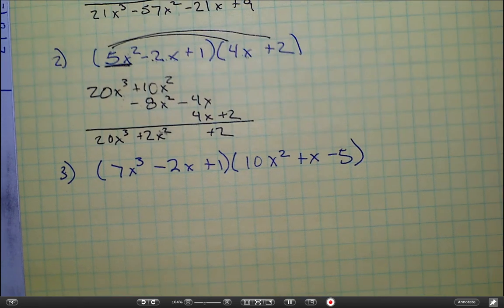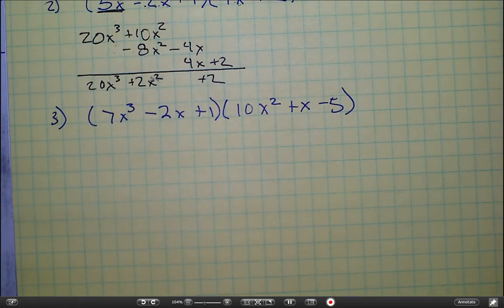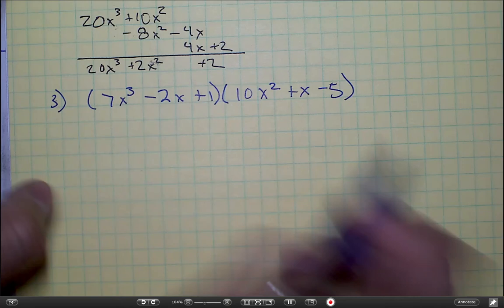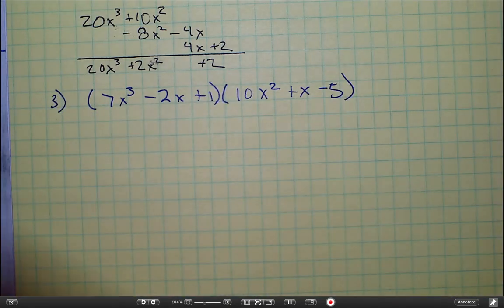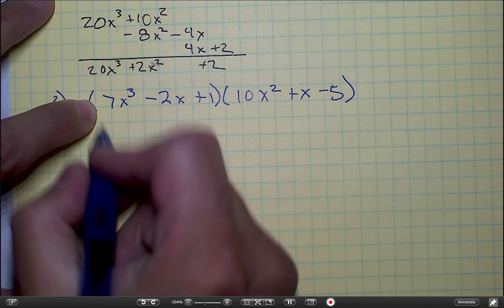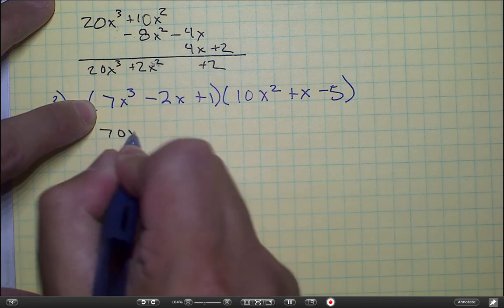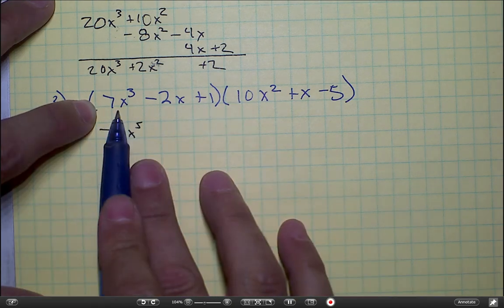All right, so let's take a look at this last one here. So now we have a trinomial and a trinomial. So I need to do it 3 times. So I should get 70x to the 5th.